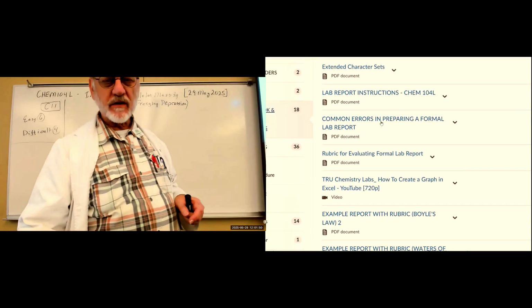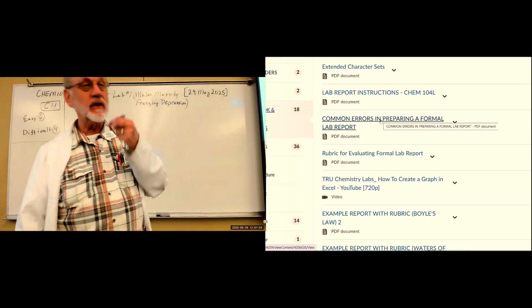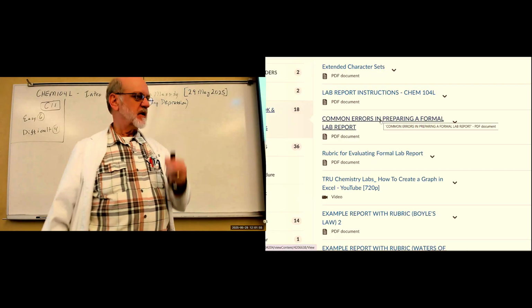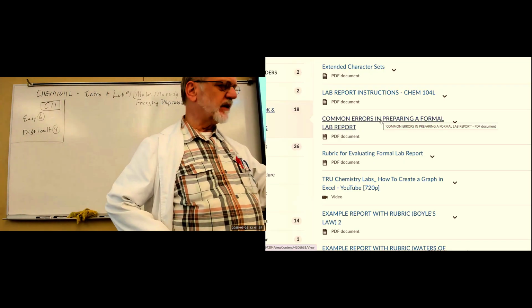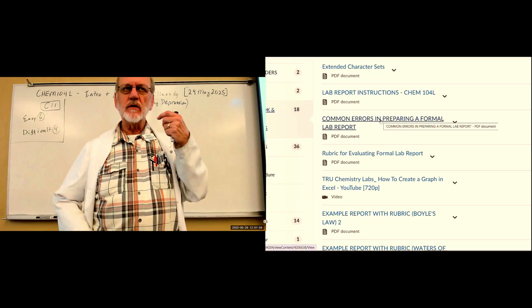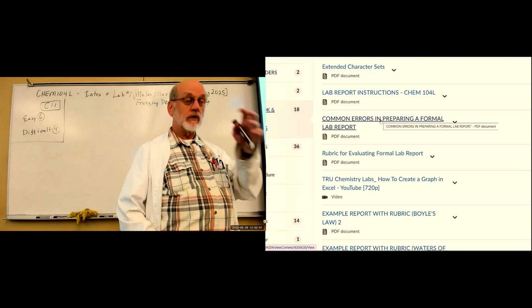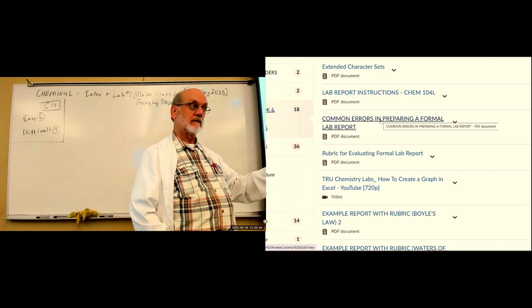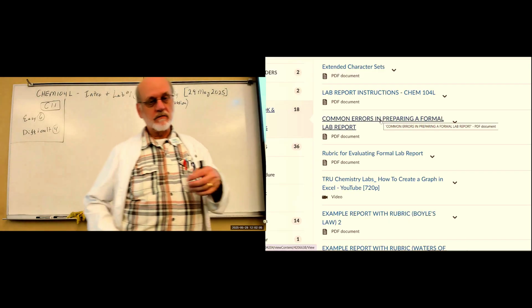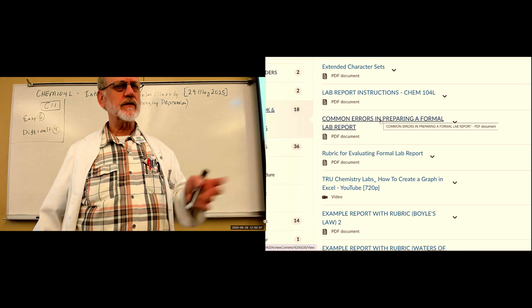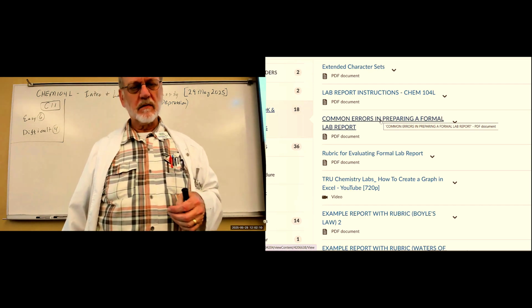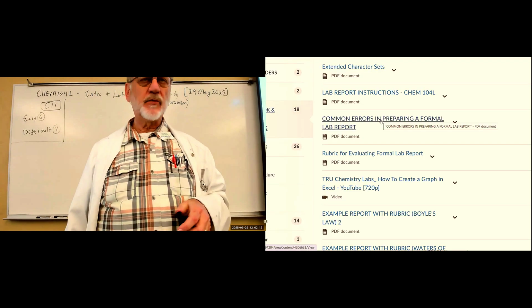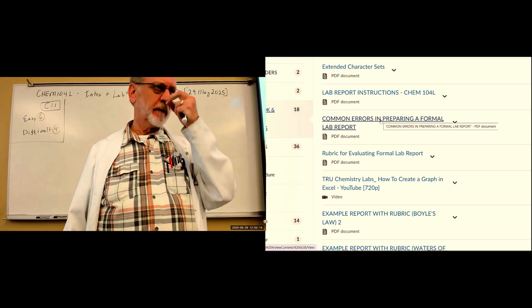There's lab report instruction, common errors in preparing a formal lab report. You won't need that right away, but eventually you'll need to look at that. It gives you indications of where you would lose points in a grading scheme. These are common errors that students have made and are avoidable. Spelling errors are a big one.